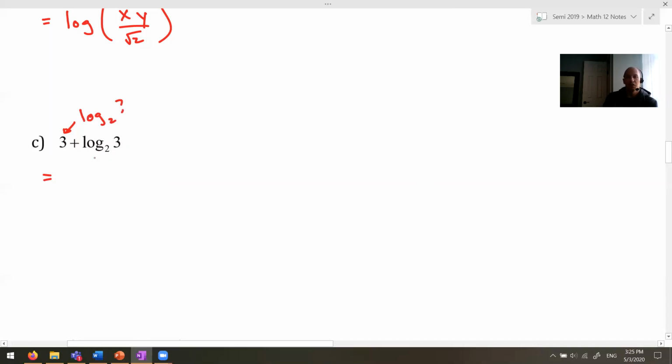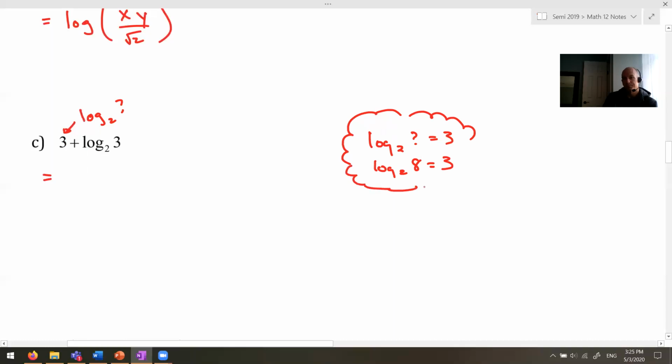This is where you sit there and think about it, maybe somewhere off on the side, or maybe it's obvious: log base 2 of question mark is equal to 3. What is the question mark? The question mark is 2 to the power of 3, which equals 8, so log base 2 of 8 is equal to 3.